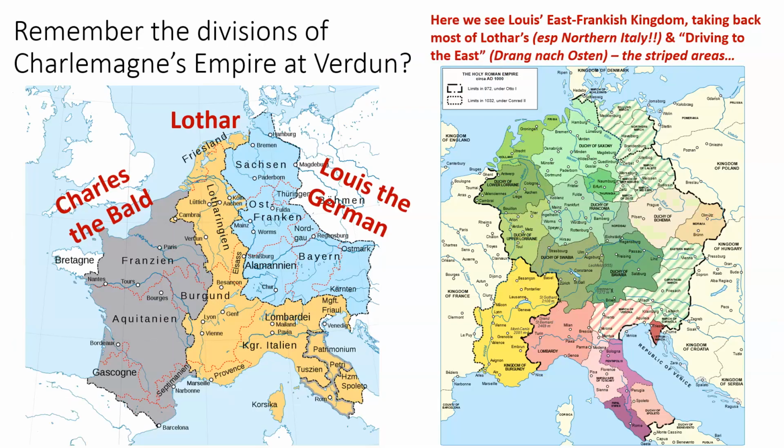All right, now remember, Charlemagne's empire itself, when divided by the time of his grandsons into three kingdoms between Charles the Bald, Lothar, and Louis the German, these three grandsons of his, right? This is really where the major divisions can be seen.